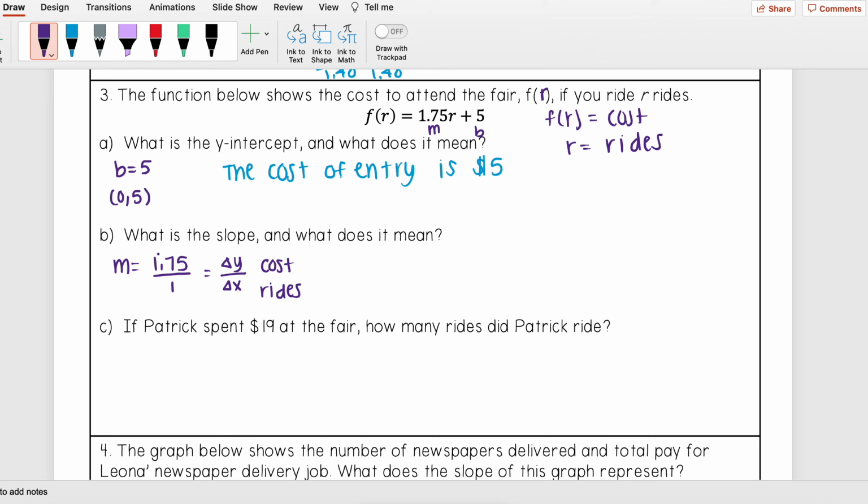And so that means that the cost to attend this fair increases by $1.75 for every ride I go on. So I want to say the cost increases by $1.75 for every ride.